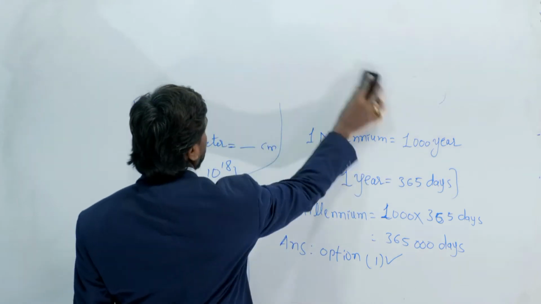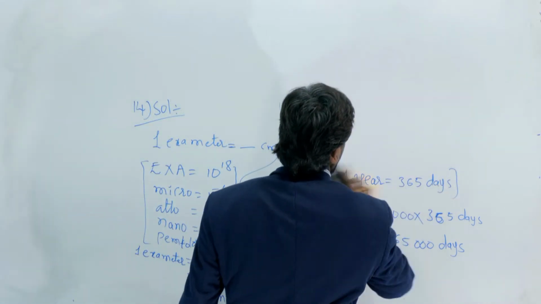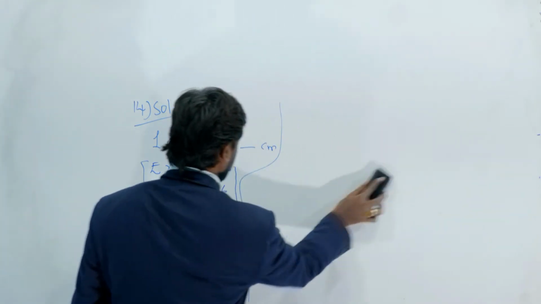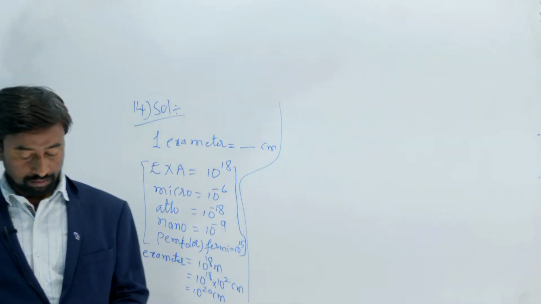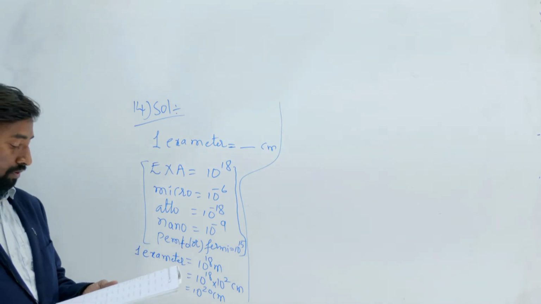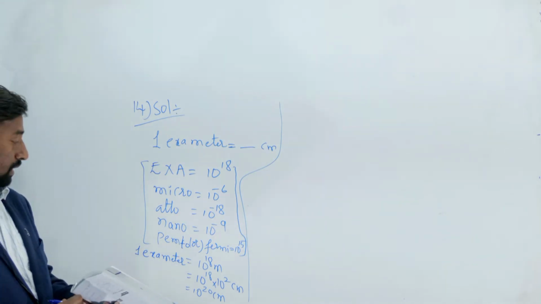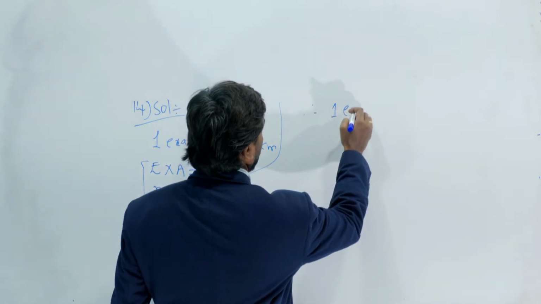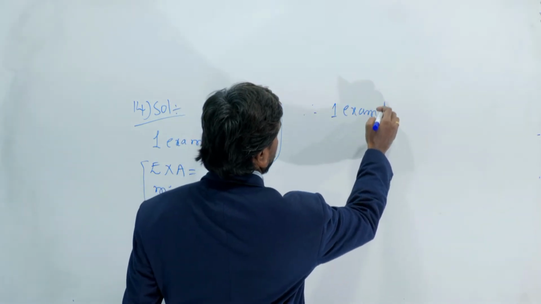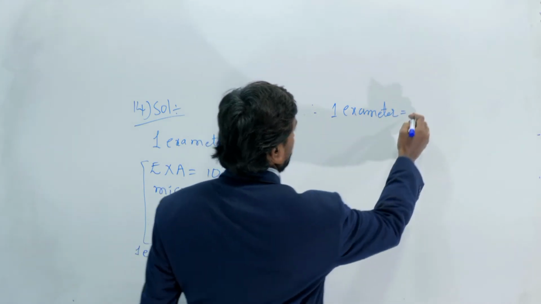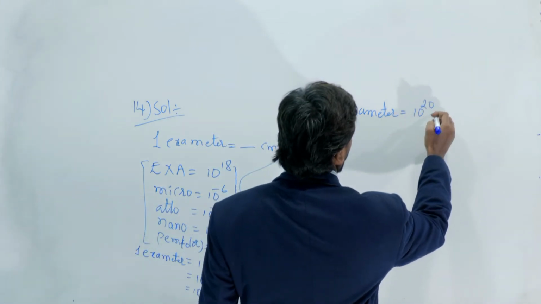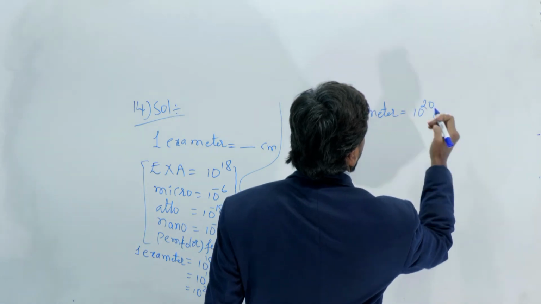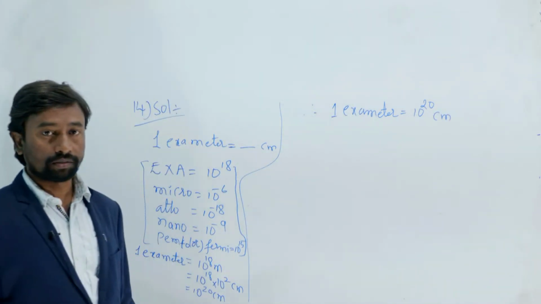I'm erasing the 13th one. So 1 hexameter is equal to 10 to the power of 20 centimeters.